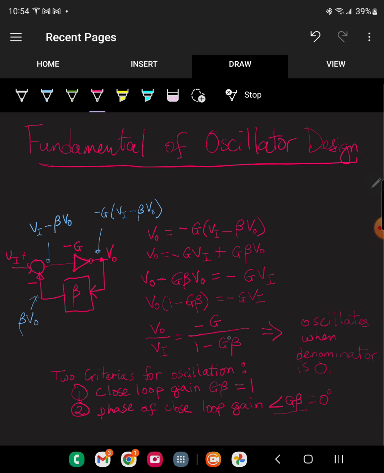So if the magnitude is 1 and the phase is 0 degrees, then 1 minus 1 is basically 0. That's what you need to make this thing oscillate. So that's the fundamental two criteria. If you understand that and how to derive the transfer function, the circuit design will be super simple, and you will remember this for the rest of your life, I promise.